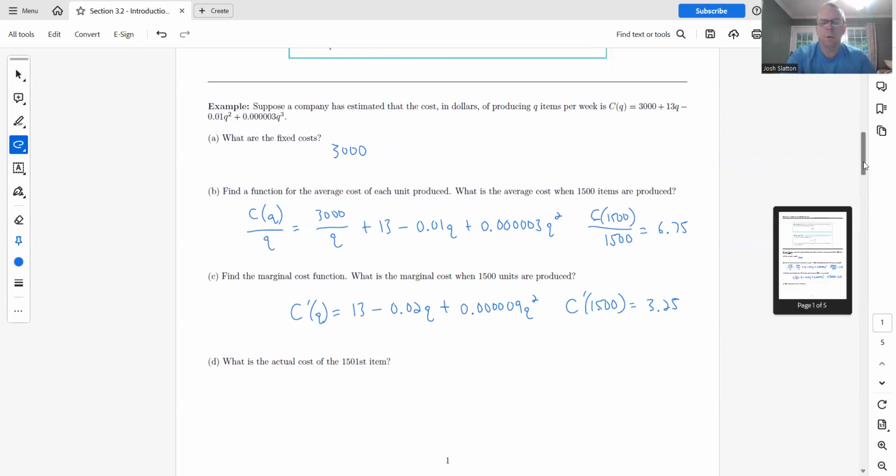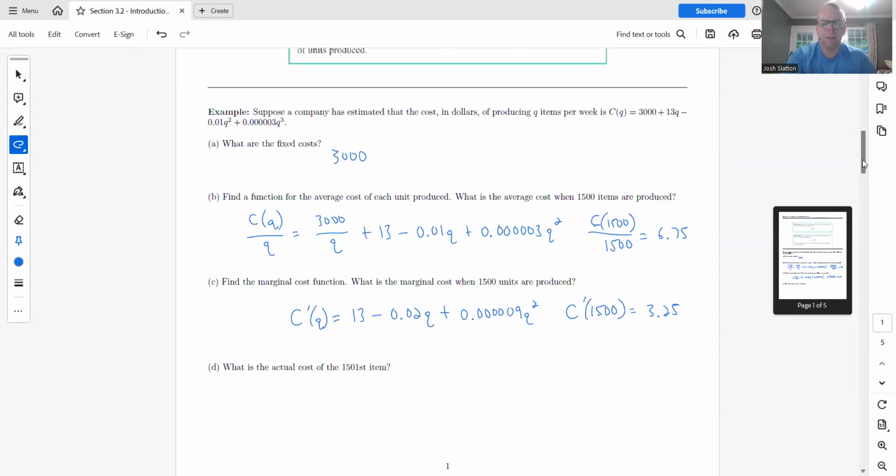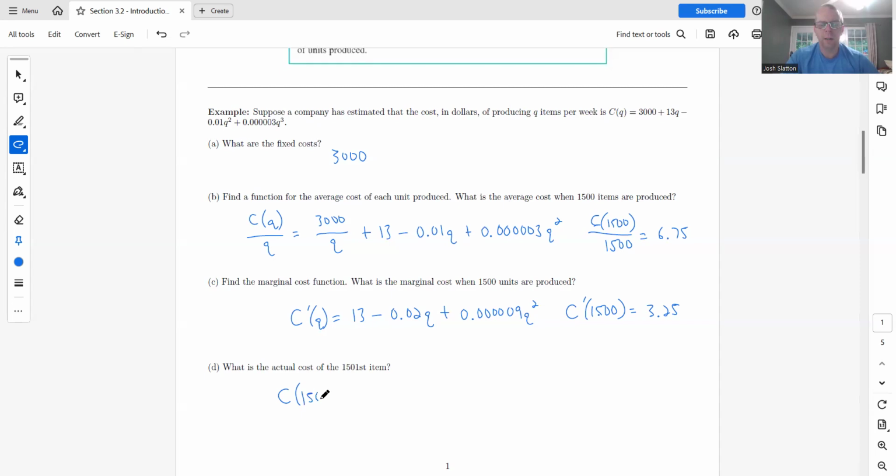Now D asks what is the actual cost of producing the 1,501st item. To get this, we go back to the original cost function and find C of 1,501 and then subtract C of 1,500.